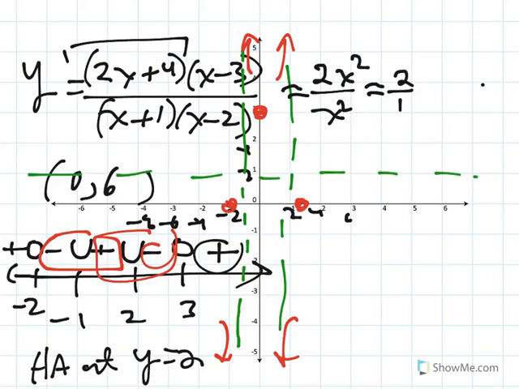Now, seems like this has to happen. And there's a bit of an issue going on here that was a lot easier when the horizontal asymptote was at y equals 0. Because we know that there's this horizontal asymptote, and we know that the graph is positive for large values.